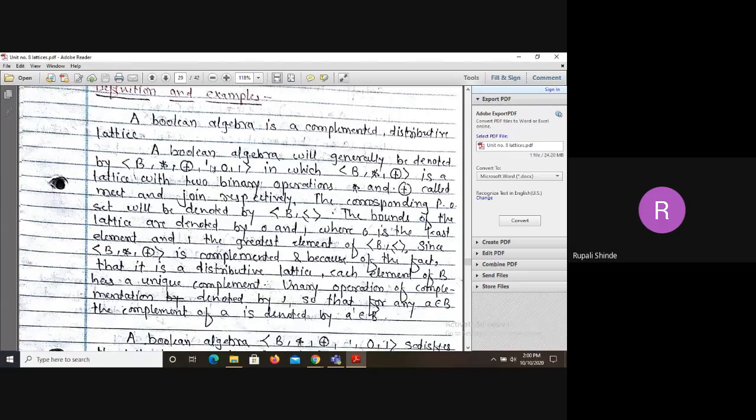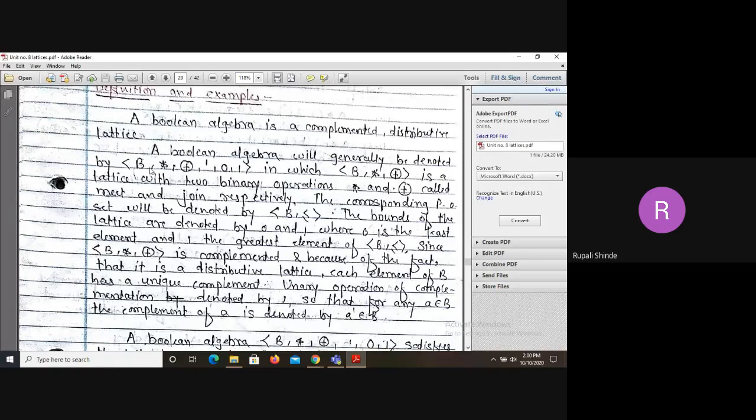So here what you have to remember is just the definition of Boolean algebra. How can we define it? A Boolean algebra is a complemented distributive lattice. Then you have to give the representation of this Boolean algebra as B star XOR complement 0, 1.